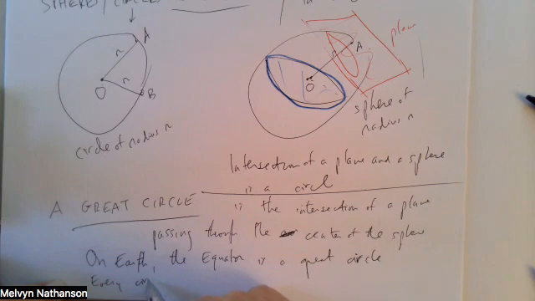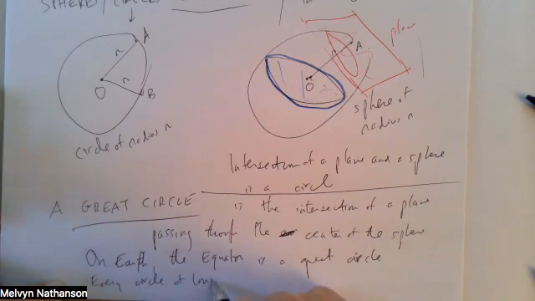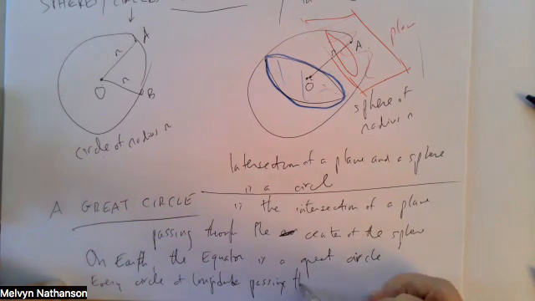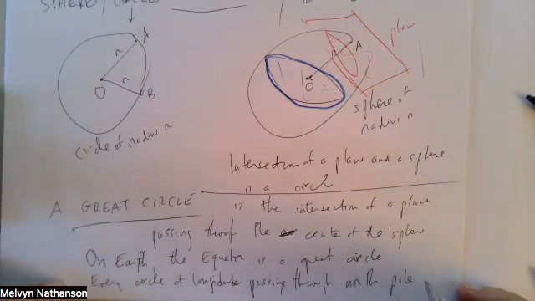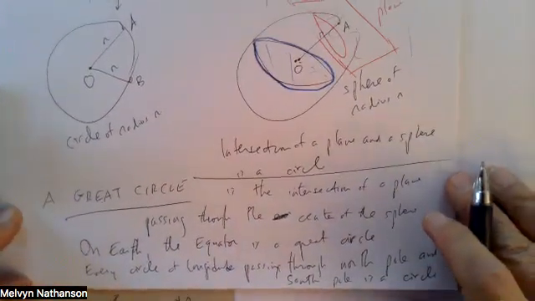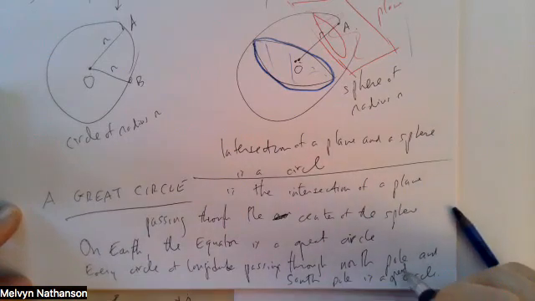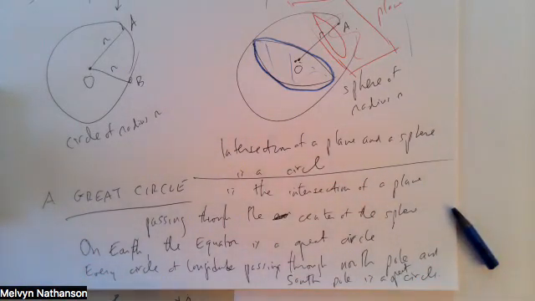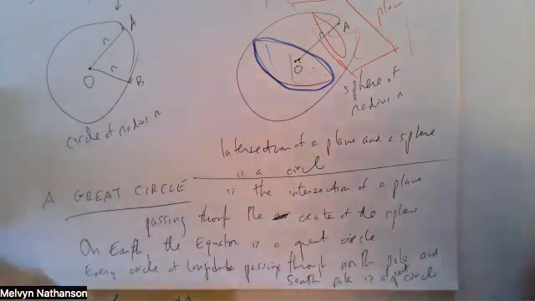Every circle of longitude passing through the North Pole and the South Pole is a great circle. Right? So that's what a great circle is.